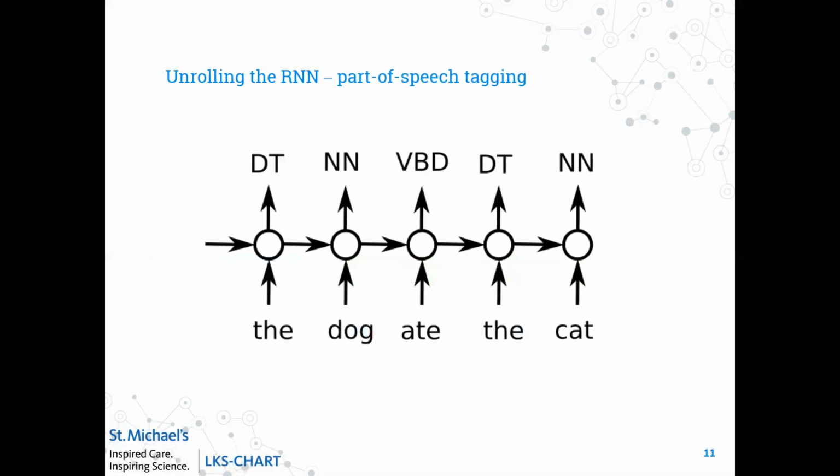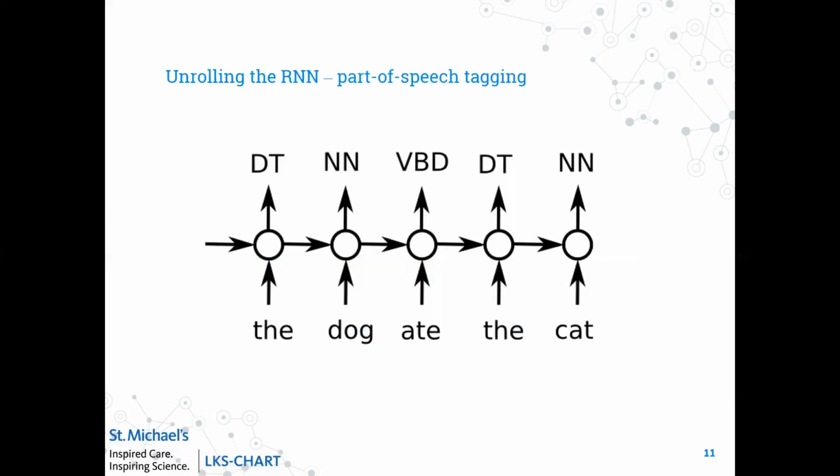So let's look at this more concretely with an example. Here we're looking at part of speech tagging. Part of speech tagging consists of assigning part of speech tags to each word. Part of speech tags are, for example, nouns, verbs, determiners, adjectives, and so on.